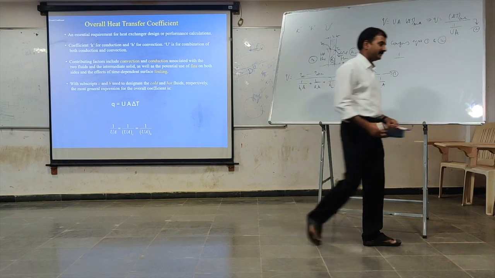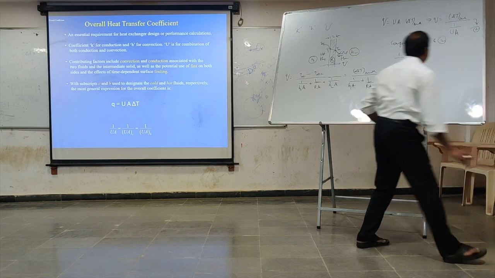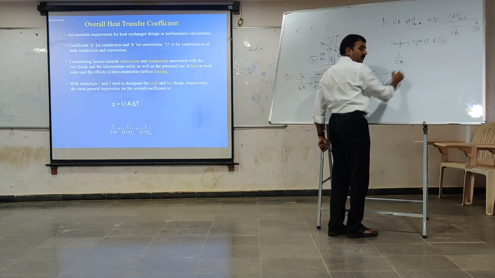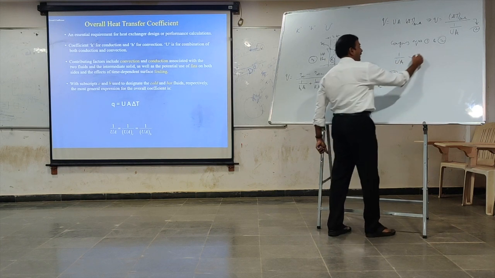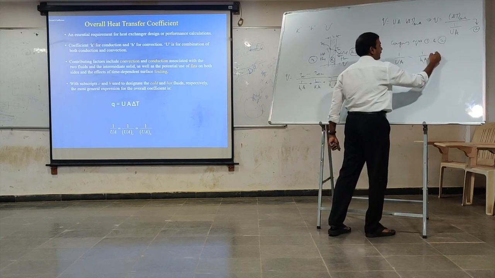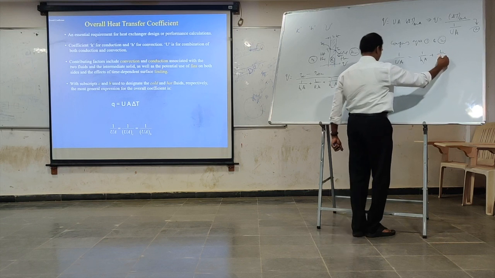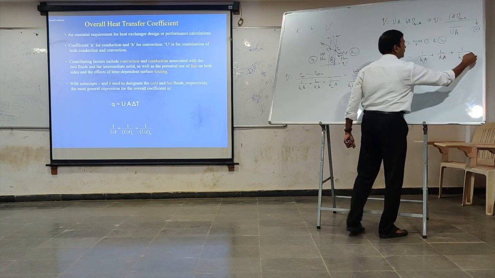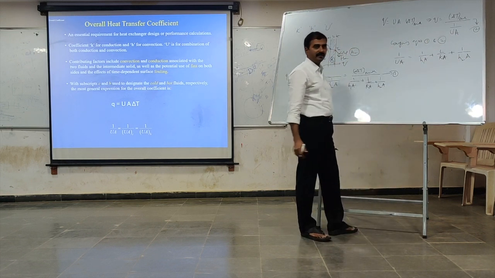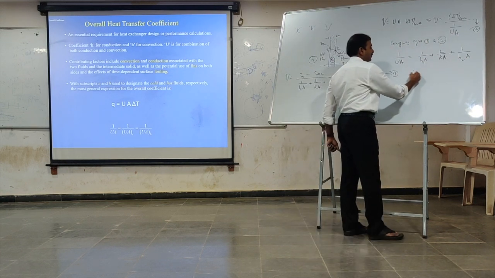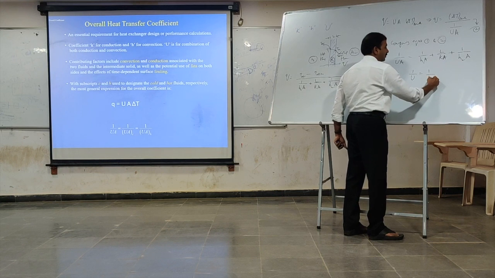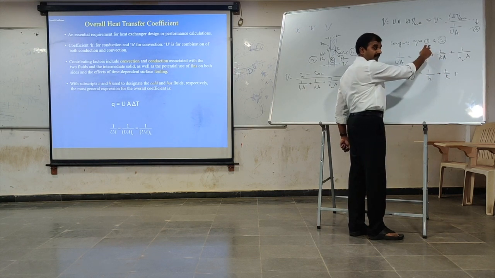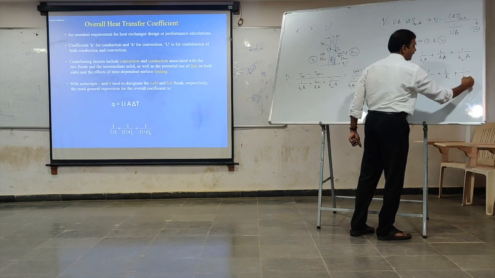What do you get? 1 by UA is equal to 1 by H1A plus L by KA plus 1 by H2A. A is common throughout, so you can write 1 by U is equal to 1 by H1 plus L by K, not 1 but L, the length, plus 1 by H2.